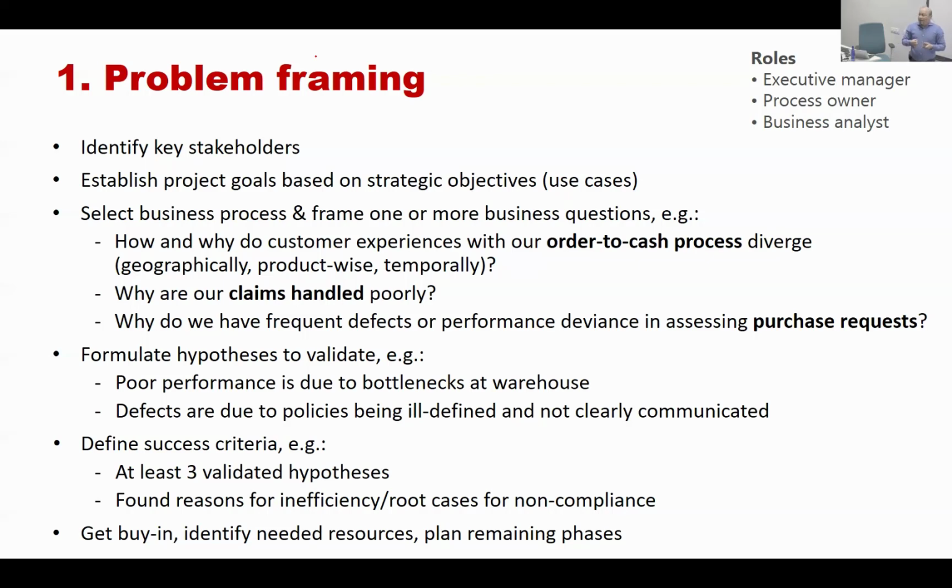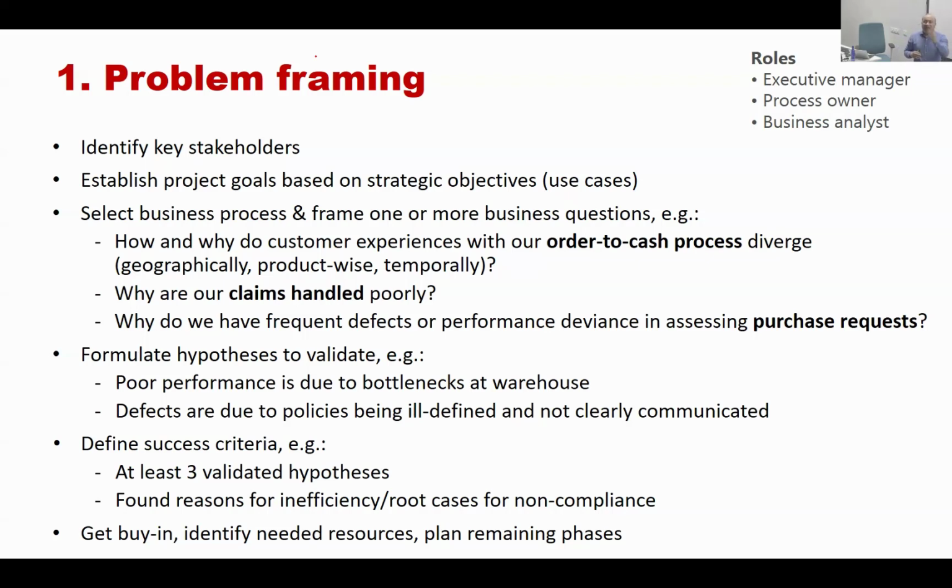And as you finish with the problem framing, you might want to also agree with the stakeholders, particularly with the process manager, the process owner, under what conditions they will consider that this project has been successful. So at the bottom of your description of the problem, you might have something called success criteria.